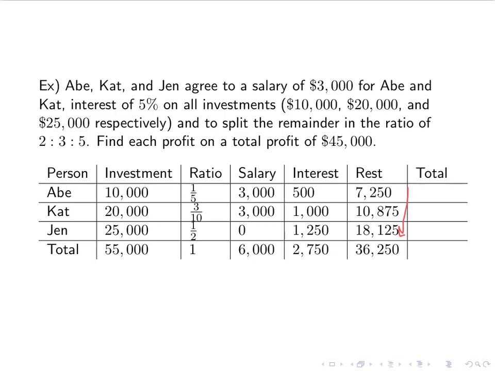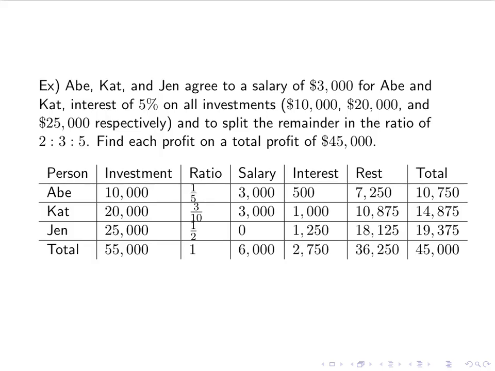Okay, next, the total. Again, I'm just adding salary plus interest plus rest for each person. And I get these guys. And then to check it, I need to make sure that if I add them together, I get 45,000. And I do. Depending on the ratio, you might have change, and then you might have to round.